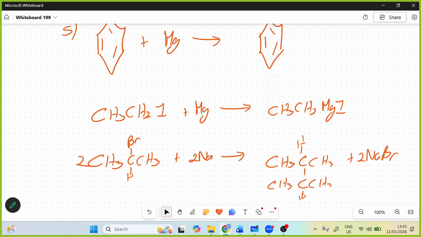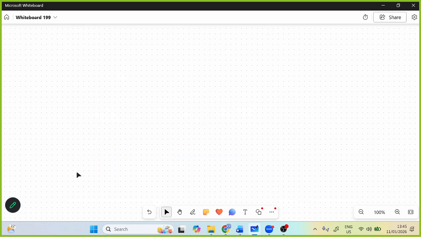Therefore, iodobutane would react the quickest, chlorobutane would react the slowest. Remember, there's a proportionality between bond length and bond strength. The longer the bond, the weaker the bond will be, and the easier it is to actually break it.